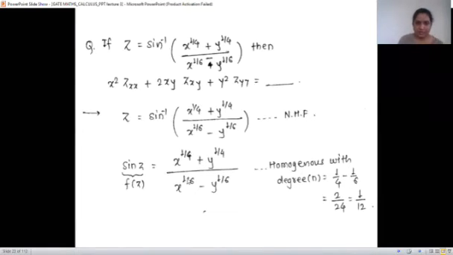So sine z is x raised to 1 by 4 plus y raised to 1 by 4 upon, since sine inverse is removed, the remaining function, whose degree is 1 by 4 minus 1 by 6, that is 2 by 24, that is 1 by 12. We cannot call it f of u now as it is z, so call it f of z.